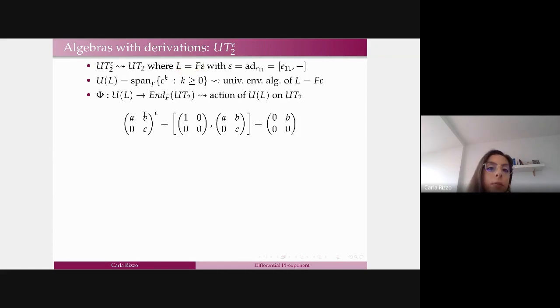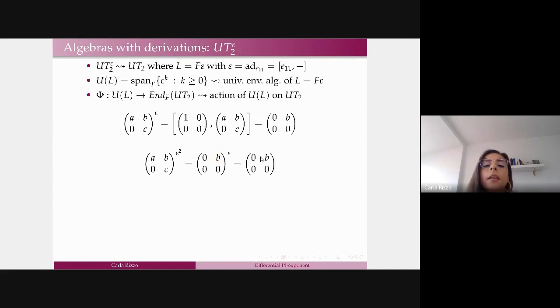Let's see how epsilon acts on matrices of UT2. Of course, epsilon does this job, and so basically sends any matrix to the corner. So if I apply epsilon another time, and I do epsilon square, I am going to obtain again just the corner, because epsilon actually fixes the corner.